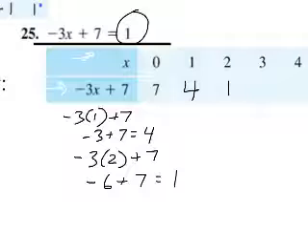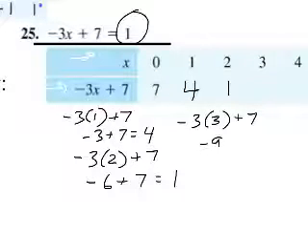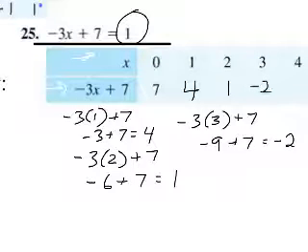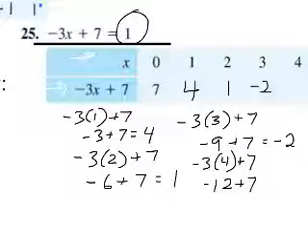We stick 3 in, -2. Put in 4, negative 5.